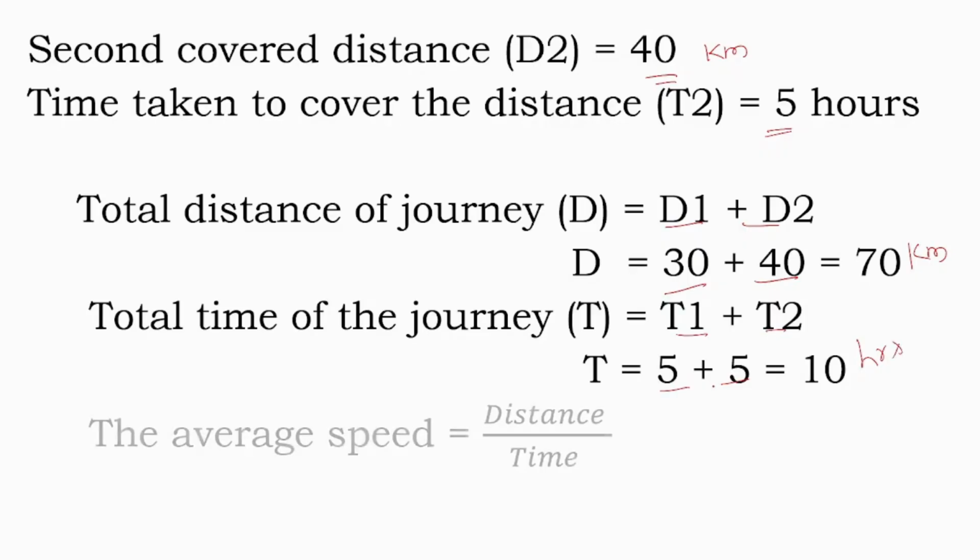Now the average speed is distance by time. Distance is 70 kilometers and time is 10 hours. So the speed will be 7, 10 1s are 10, 10 7s are 70, so 7 kilometers per hour.